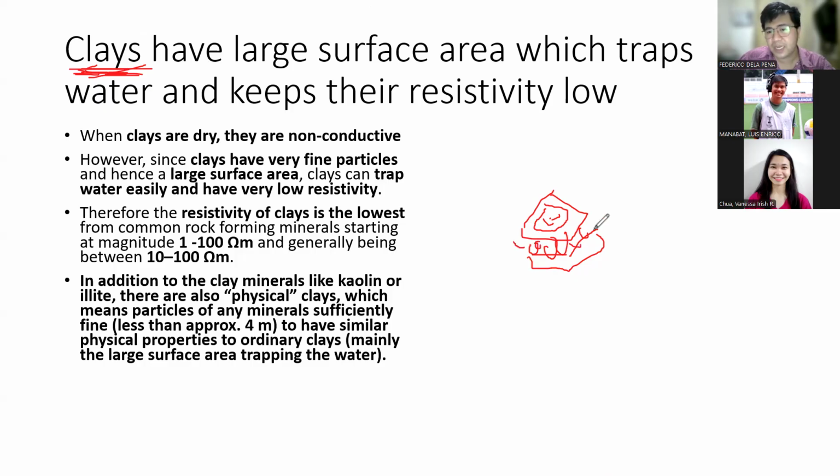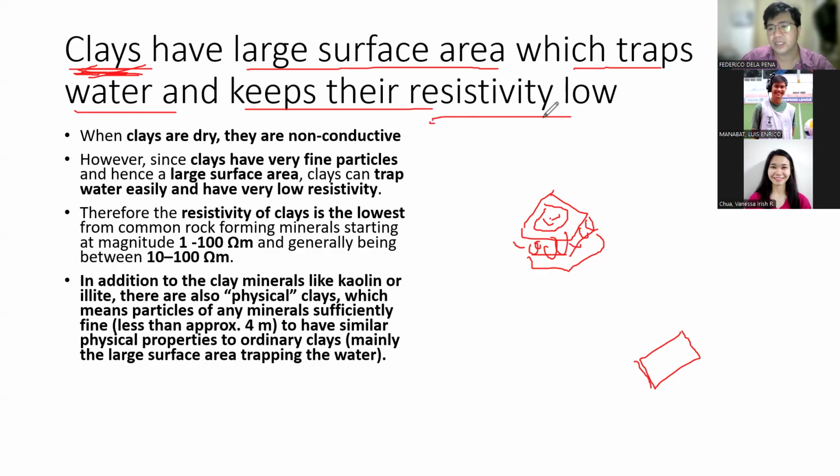This property allows clays to be slightly electrically charged. And again, they also have a large surface area per volume, because clay minerals have a plate-like shape, and that allows them to trap water and generally makes clays conductive, or they generally have a low resistivity, except when they are dry, right?